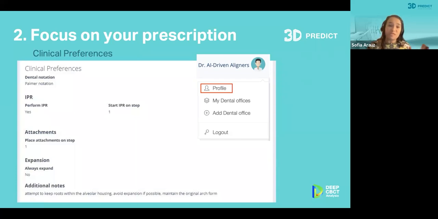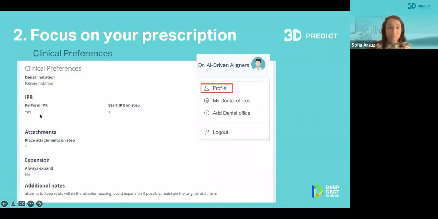Then if you want us to place attachments on all your cases on step 3 to give that patient a little more time to get used to clear aligners, then please put this in your clinical preferences. And we know that for every case, we're going to do this. Same thing for IPR. Do you want to perform IPR? Don't you want to perform IPR? And if you want to perform IPR, are you okay with starting it on step 1 or do you prefer to do it later?